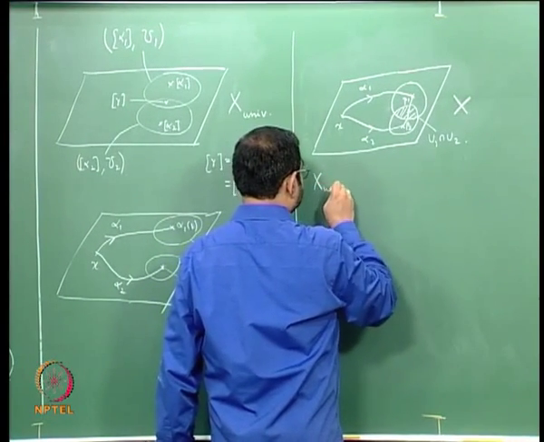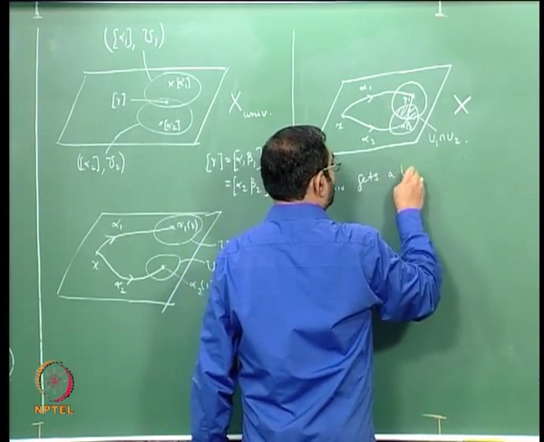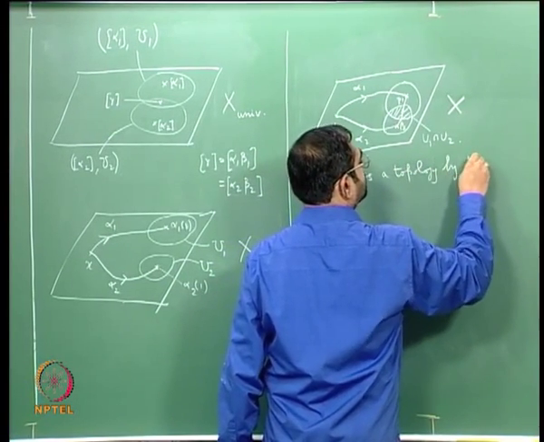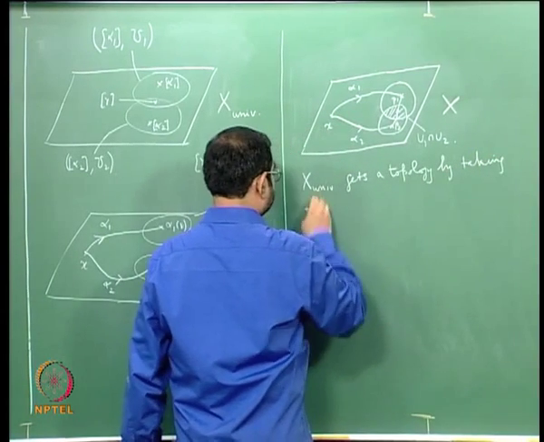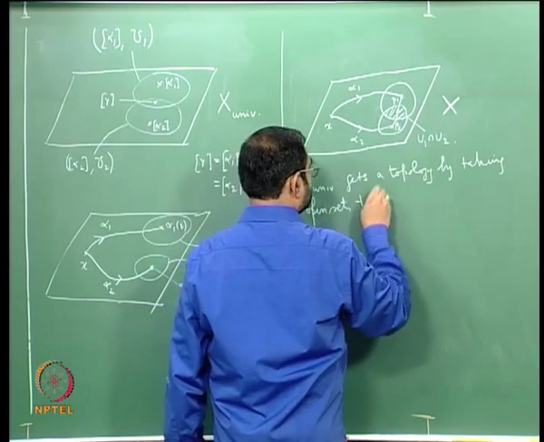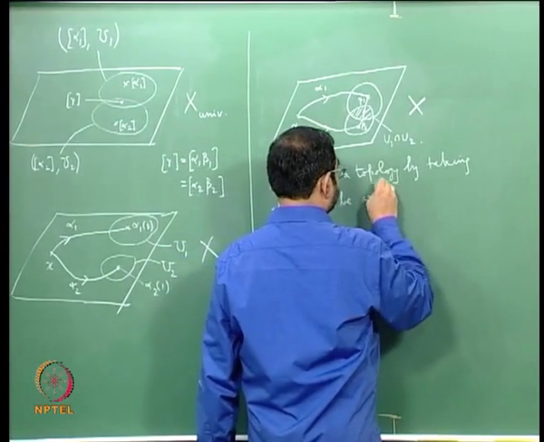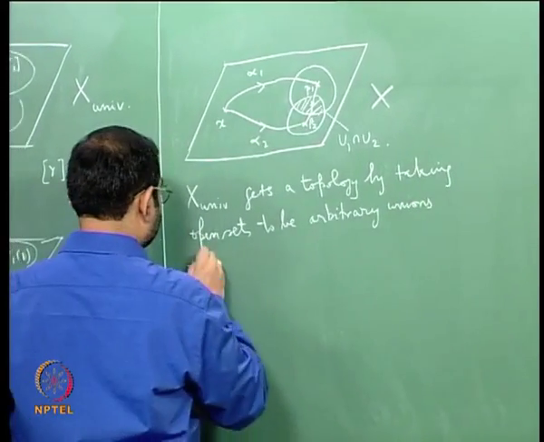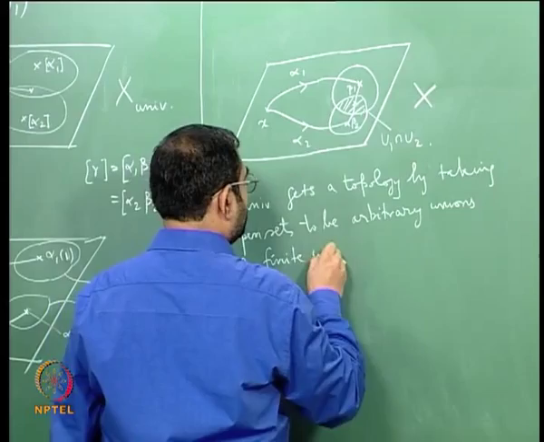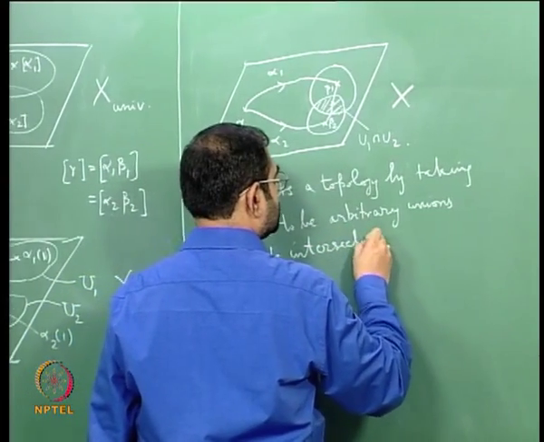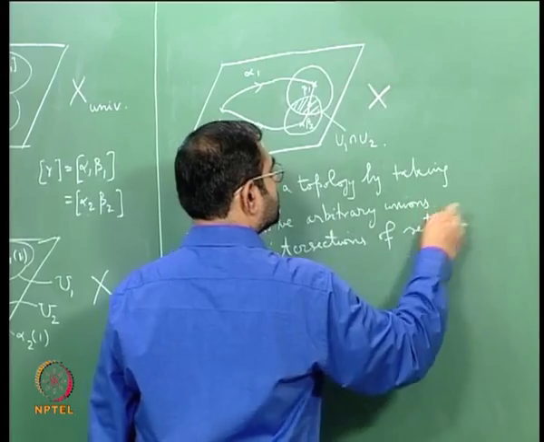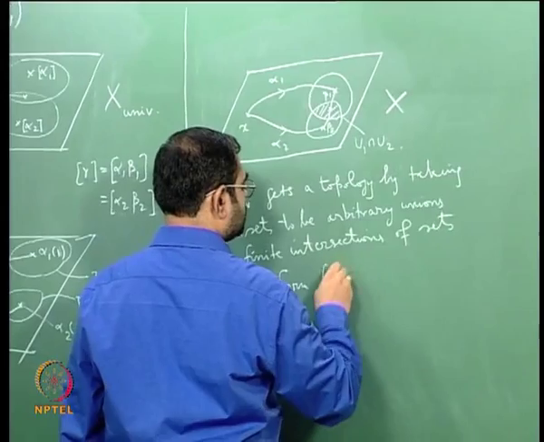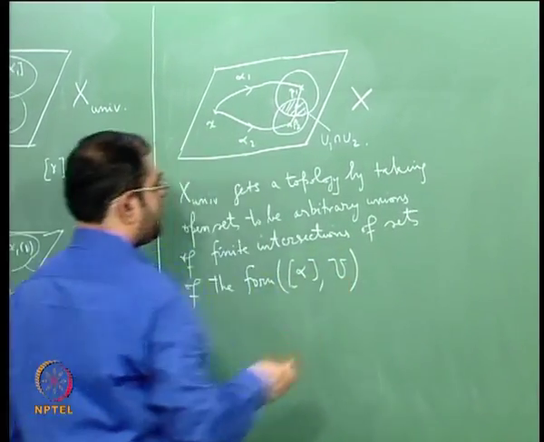So x sub univ gets a topology by taking open sets to be arbitrary unions of finite intersections of sets of the form alpha comma u, okay.